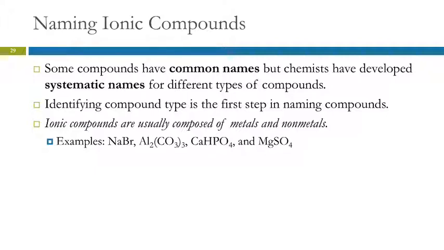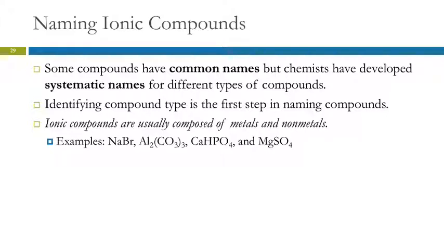Now, some of them have common names. Sodium chloride is the systematic name for NaCl. The common name is table salt, right? So there are things that have common names, but they also have systematic names.